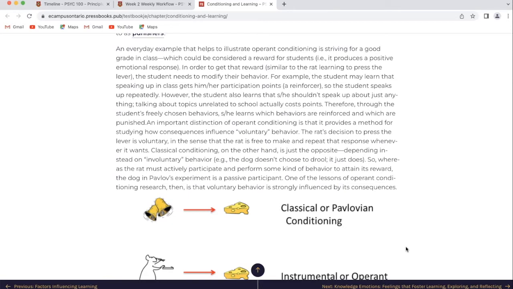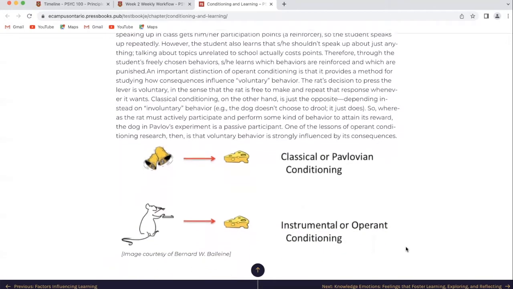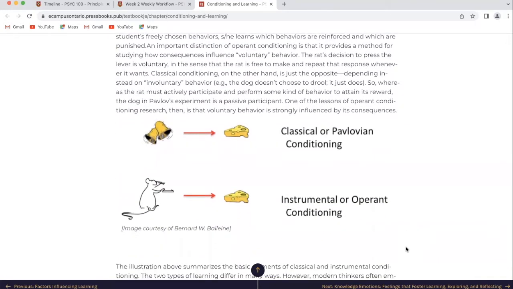An important distinction of operant conditioning is that it provides a method for studying how consequences influence voluntary behavior. The rat's decision to press the lever is voluntary, in the sense that the rat is free to make and repeat that response whenever it wants. Classical conditioning, on the other hand, is just the opposite, depending instead on involuntary behavior.